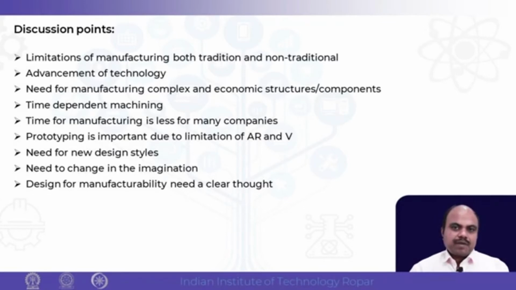It is not that these manufacturing processes, both traditional and non-traditional, cannot make this kind of products. They can. However, these are all very expensive processes. So we need some other technologies, and additive manufacturing is one of the ways we can achieve this complexity. Making complex products is much cheaper.